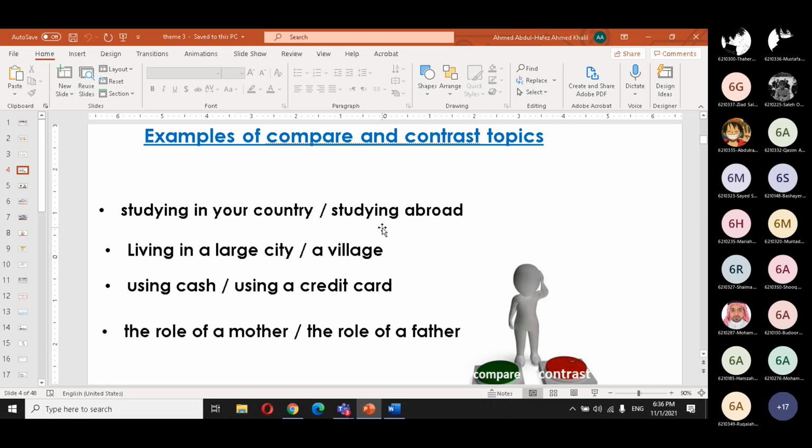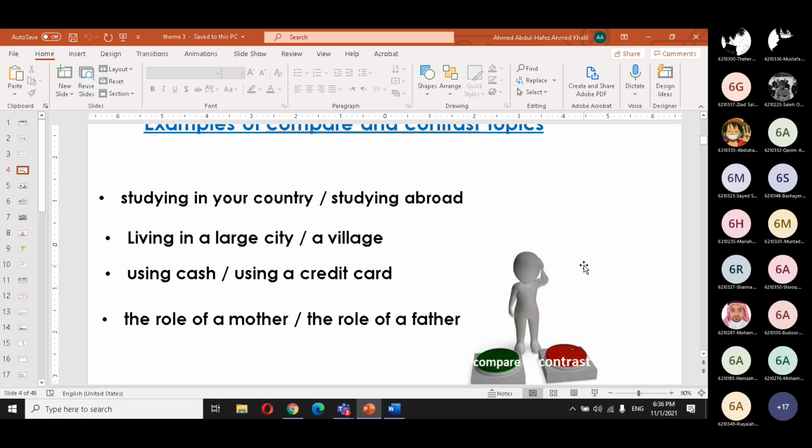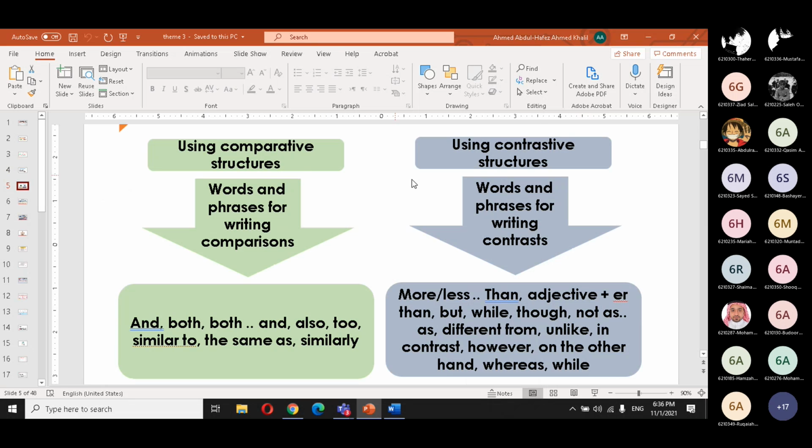Using cash money, using a credit card, the role of a mother, the role of a father. Anyway, these are just examples. So as I said, you can compare or you can contrast or you can compare and contrast.